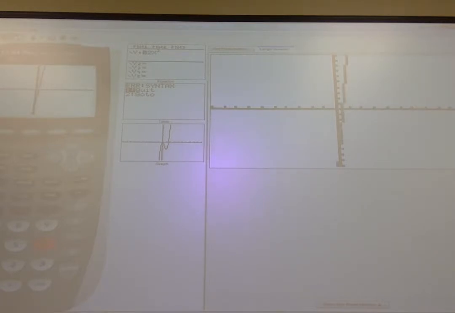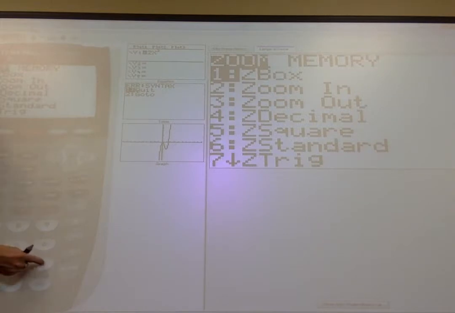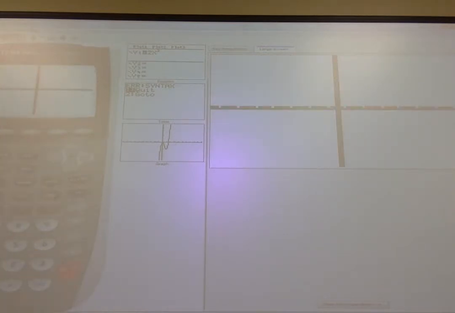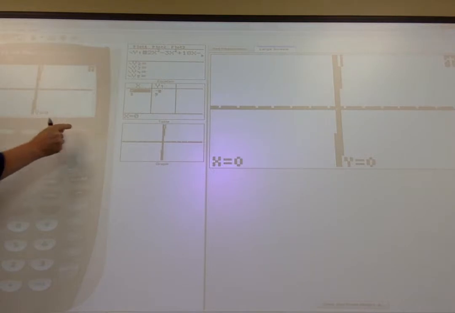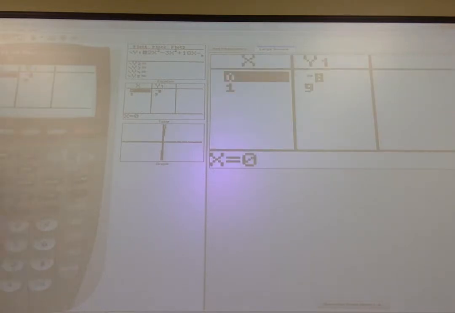Not enough of it. Okay? I'm going to zoom out. Zoom 3. What we're saying is, if I went to my table and I put in 1/2, it should be at 1/2 where it changes.